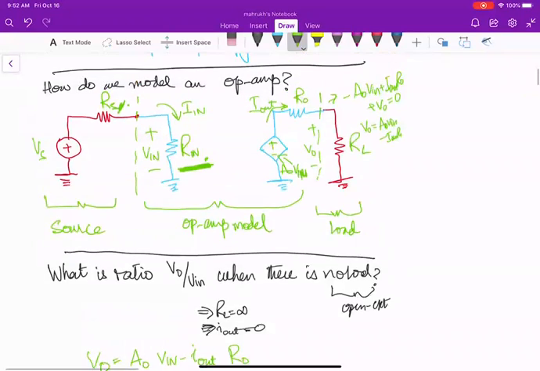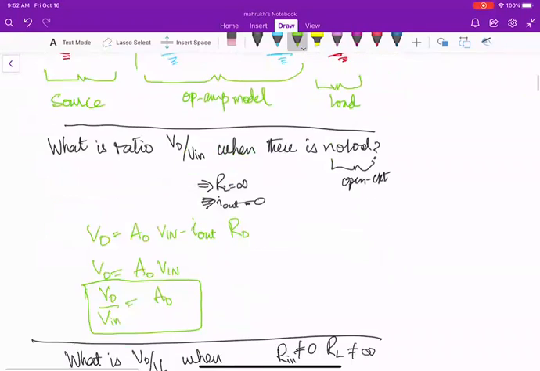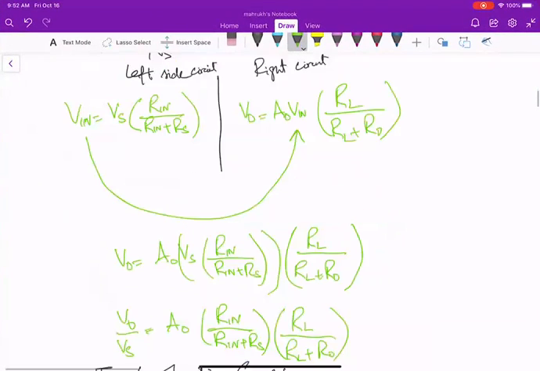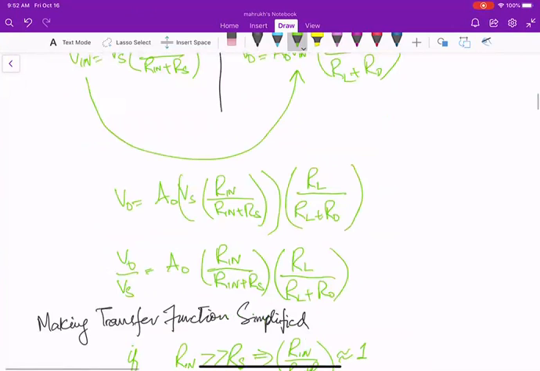And if your I out is 0, then we said that we need to have R in very much higher, right? R in should be higher because we want a constant gain. We want the op-amp to not be dependent on different resistor values.